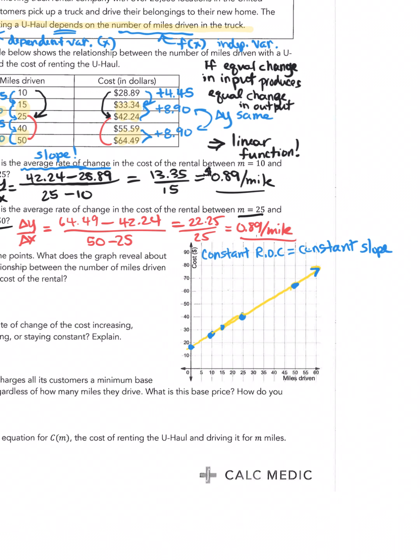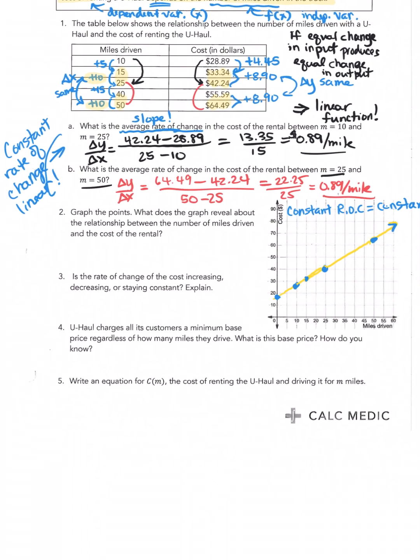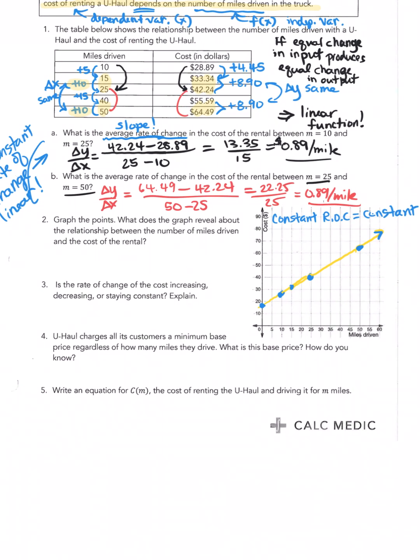Okay. So now, let's answer the next question. Graph the points. What does the graph reveal about the relationship between the number of miles driven and the cost of the rental?